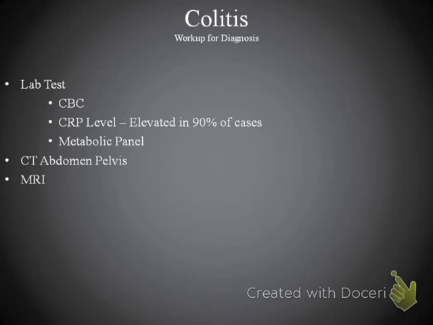CT abdomen pelvis really can, and as we'll see, looks almost similar to Crohn's disease, but not quite. An MRI, much the same way that CT can perform this, MRI can as well. However, in patients who typically may need an immediate diagnosis very rapidly in case there's something else going on, CT offers a more advantageous area in this.